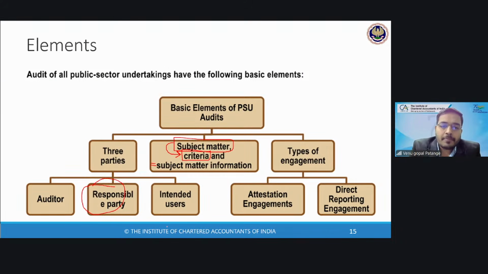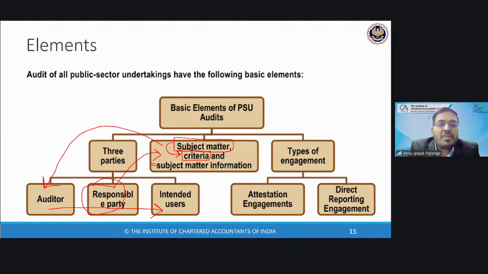Who does this? TCWG or management does this. And this will be submitted to the auditor. The auditor performs the audit and he will give enhanced assurance to intended users, nothing but the stakeholders.